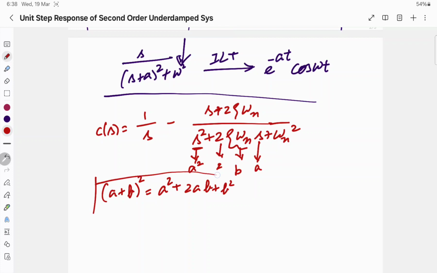Okay, so we want to write the denominator in terms of this. So what is missing here? We have a square, 2ab, b square is missing. That means zeta omega n square is missing in the denominator.